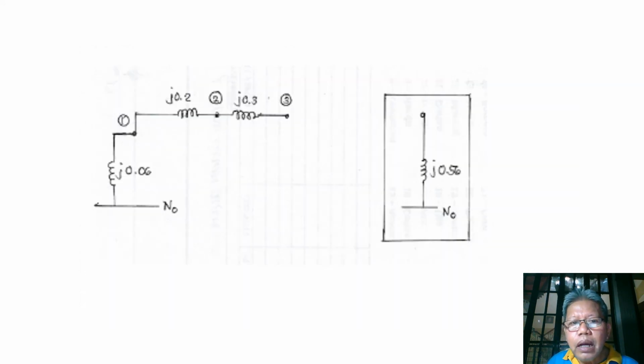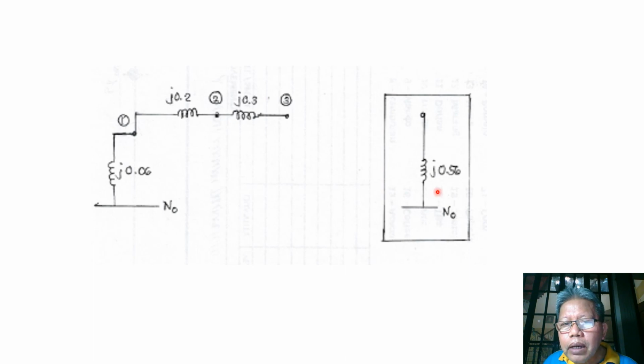So our equivalent circuit from bus 3 would just be equal to this, no? J.03, and then we have J.2 for our transformer, and then J.06 for our generator 1.